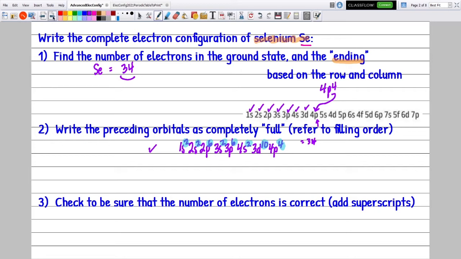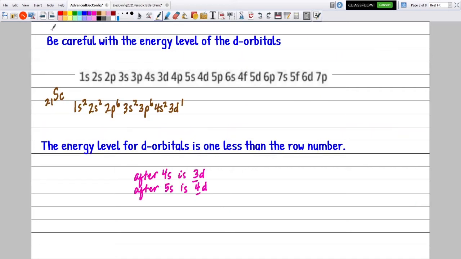All right. Now there's a warning over here. We have to be very careful with the energy level of the d orbitals. Remember, the energy level is the first number right in front of each of the sublevels or orbitals. You have to notice that after 4s comes the orbital called 3d, and that's one energy level lower than 4.